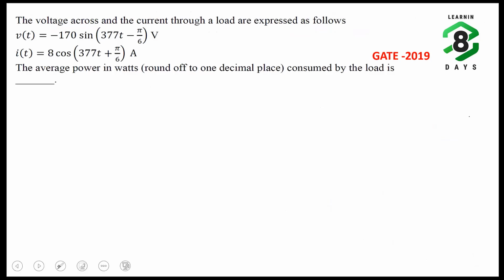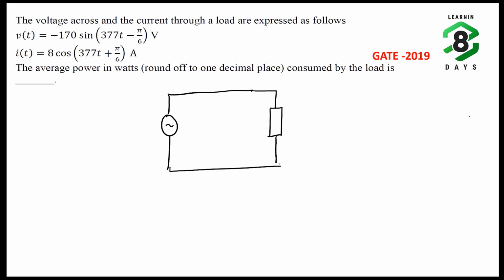In this question, what he has given: the voltage and current through a single phase load are mentioned here. He is asking what is the average power consumed by the load. Across a single phase source, you have connected a load, and he has given that the voltage across this load is V of t.